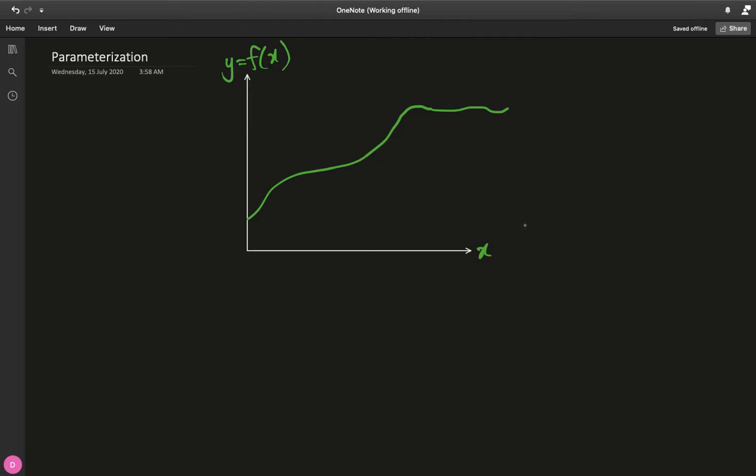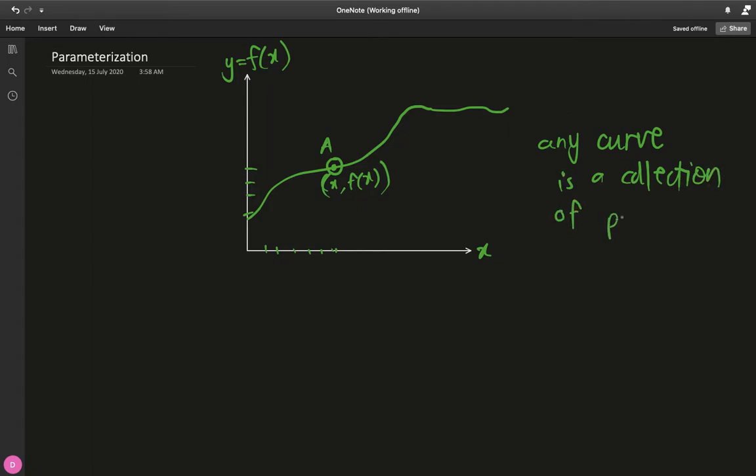And if you want to name this point, call it a given point with some horizontal distance x, and some vertical distance y. But y is f of x, so any point can be represented as a collection of x and f of x. That's why any curve is a collection, an infinite collection actually, of points.